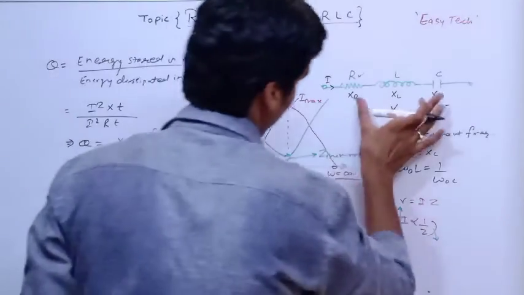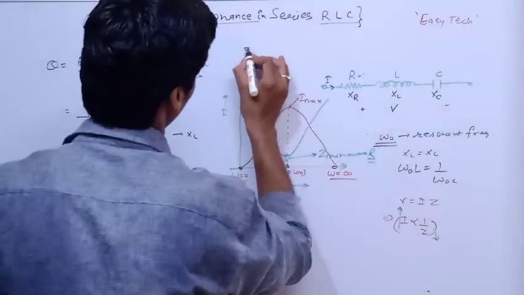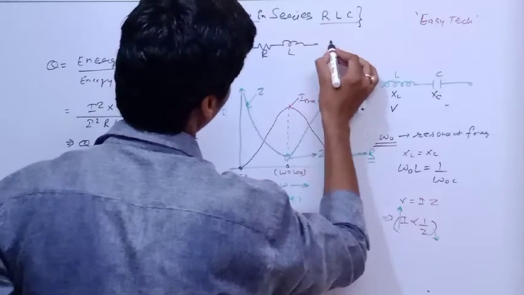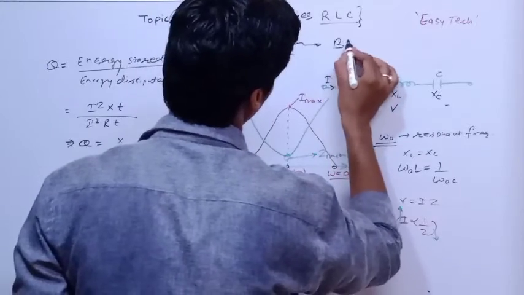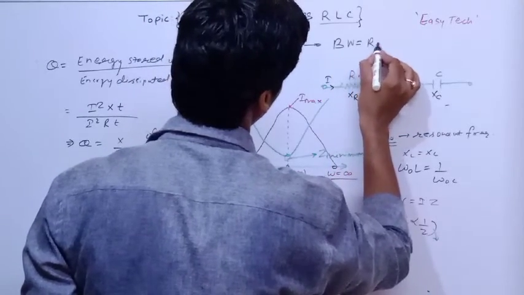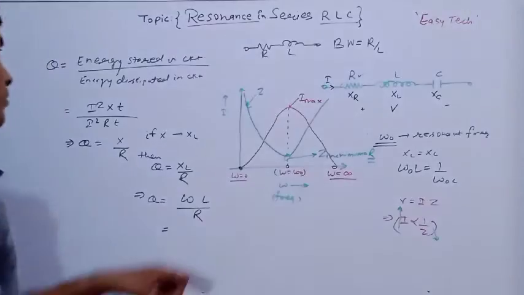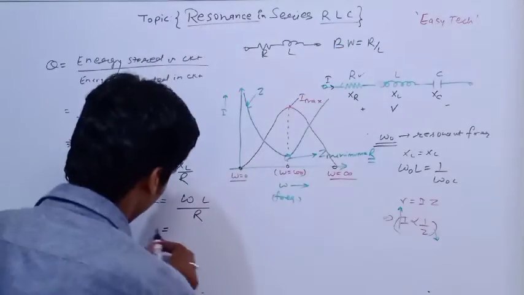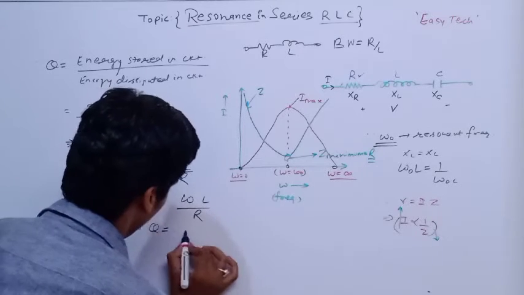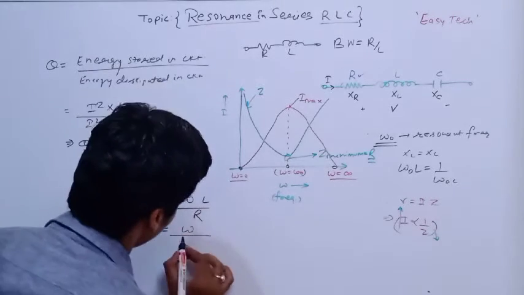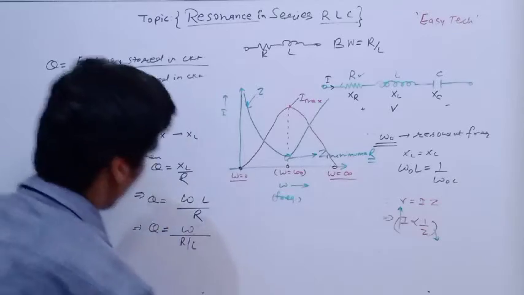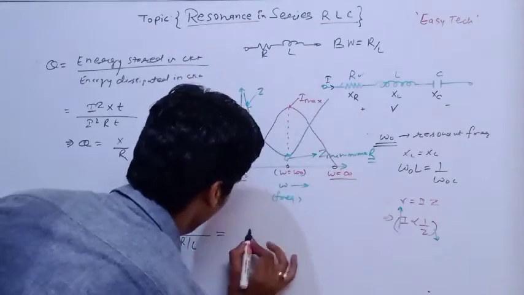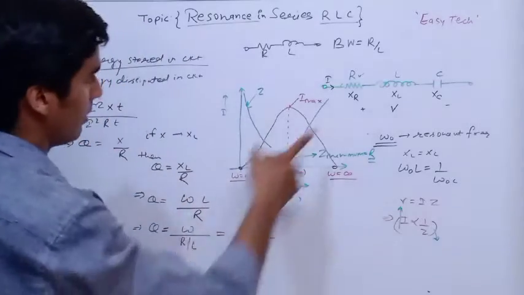First of all, for the RL circuit, you have to consider that bandwidth is given by R by L. For RL circuit, the bandwidth is given as R by L. So here the value of Q will be equivalent to omega naught, we can write down here like this, R upon L. We can take L in the denominator, and it is equivalent to omega naught upon bandwidth.